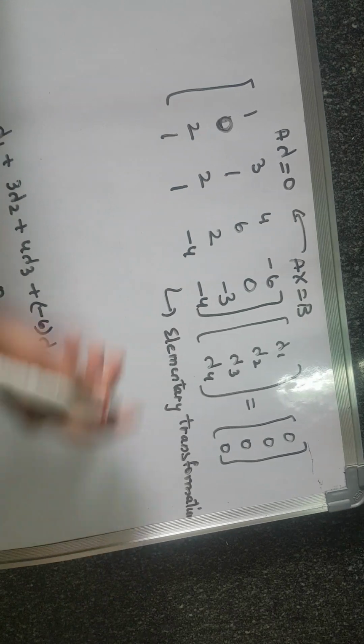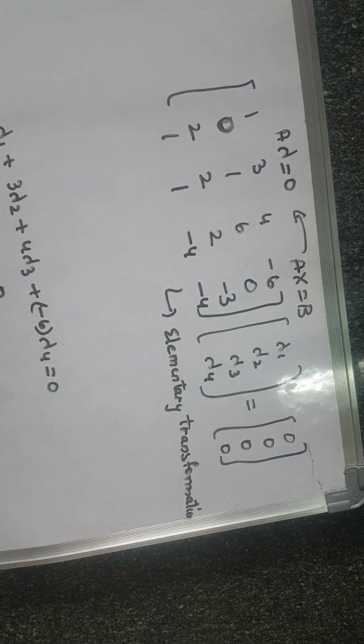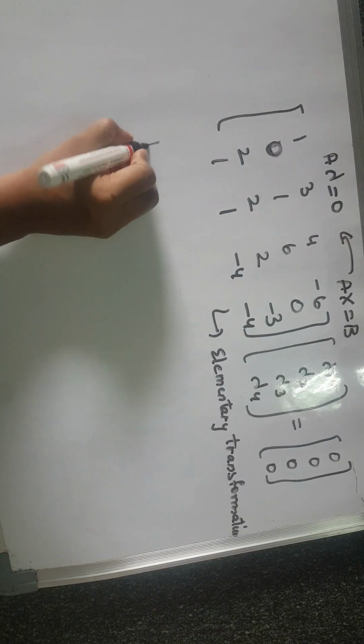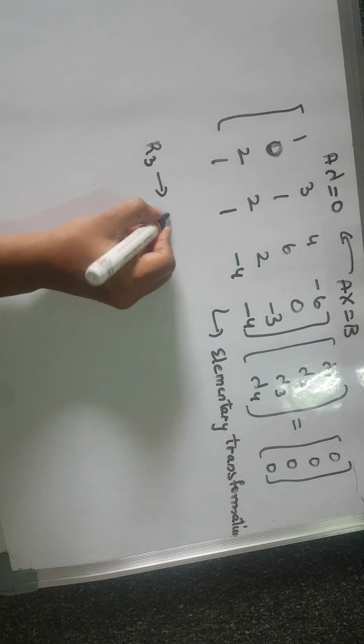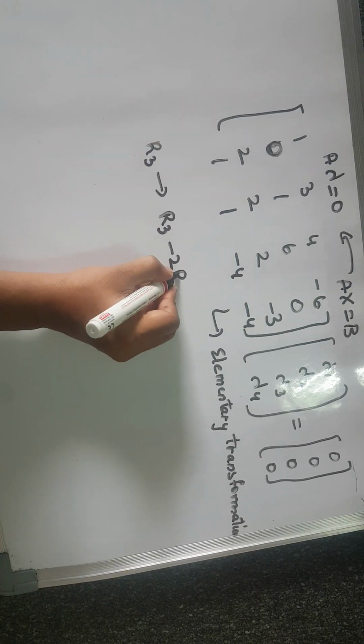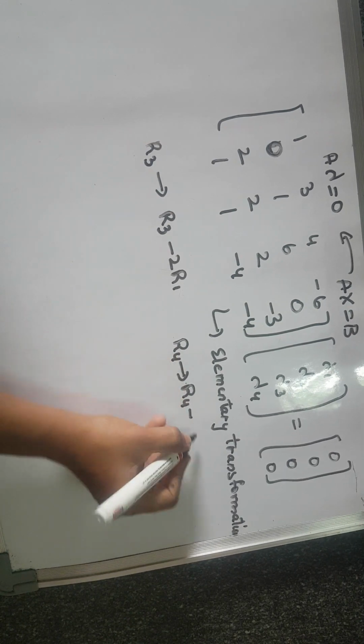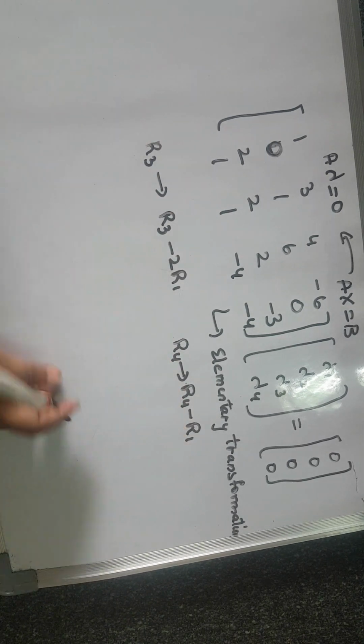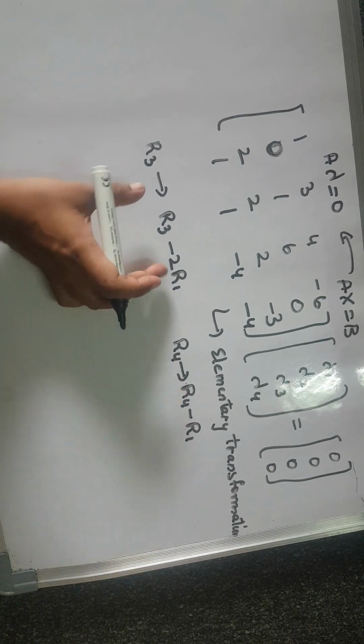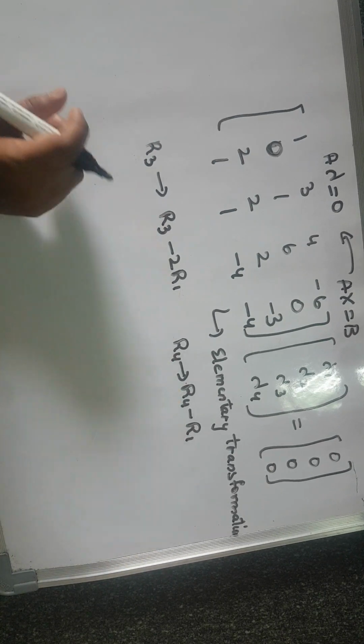Which means now here R3 implies R3 minus 2 into R1 and also R4 implies R4 minus R1. Okay, R4 implies R4 minus R1, R3 implies R3 minus 2 into R1.